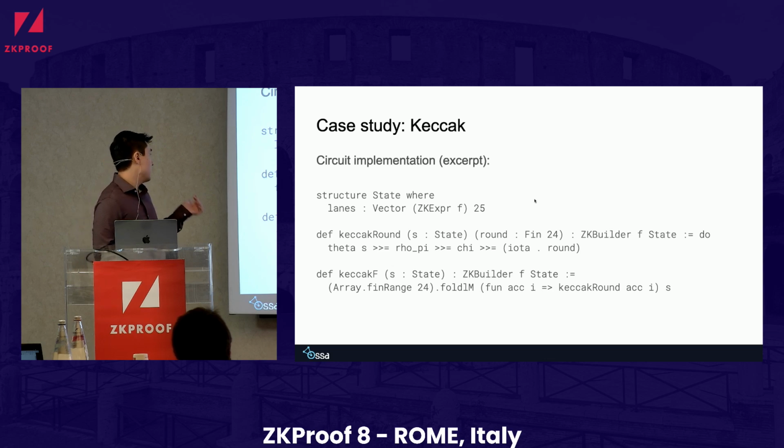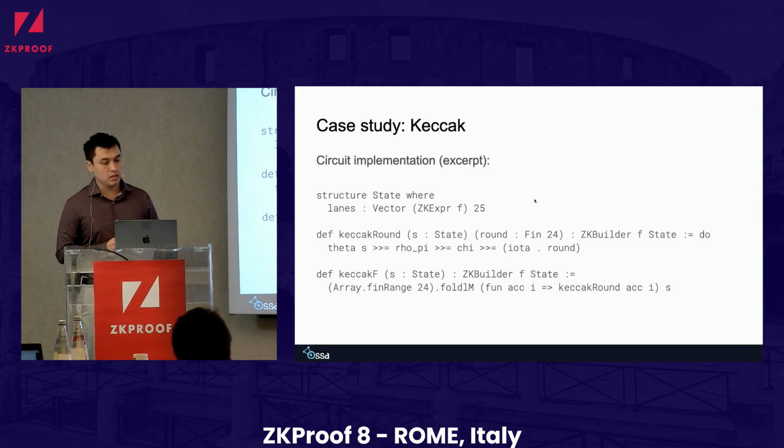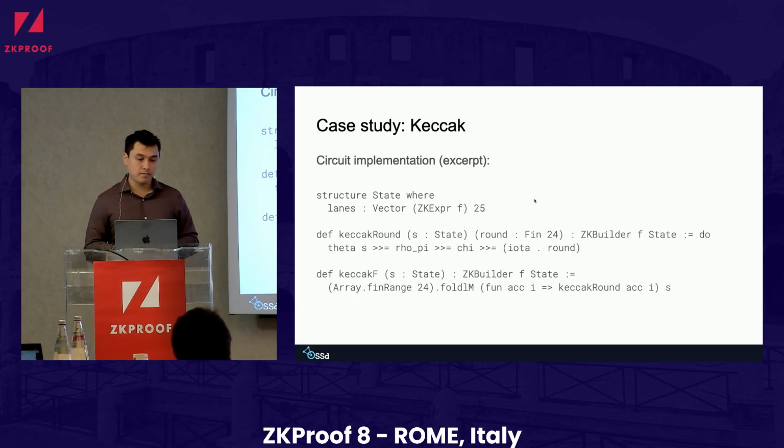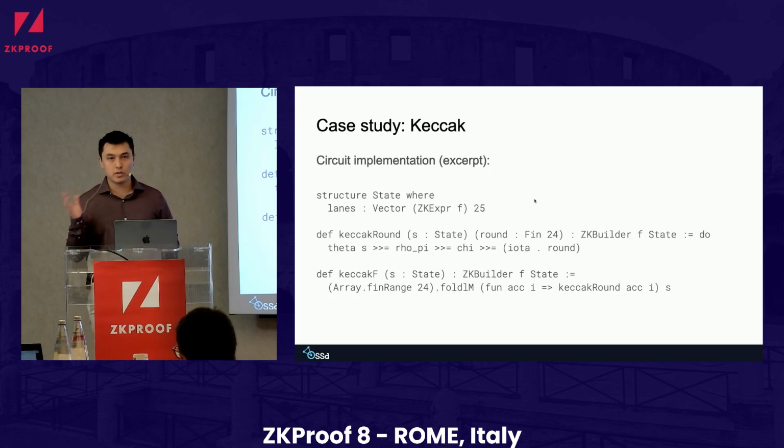We're calling theta, rho, pi, et cetera, except now we live in this zk builder monad to build our circuit. And then you do monadic bind to pipe along the state between all these subfunctions. Then again, you can just do a fold over the 24 rounds, and this builds up the whole Keccak circuit, and it's pretty nice and modular.